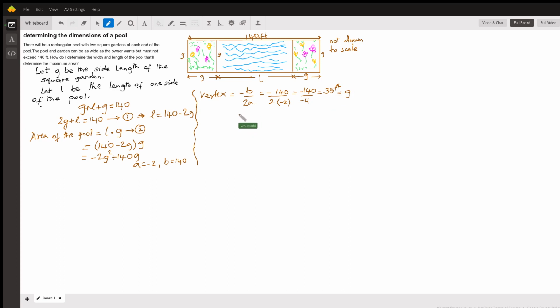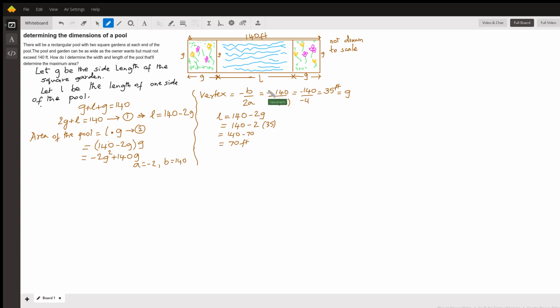Now we can find the value of L because we know that L is given by the expression 140 minus 2G. So let's substitute here: 140 minus 2 times 35. This will be 140 minus 70, which is 70 feet.